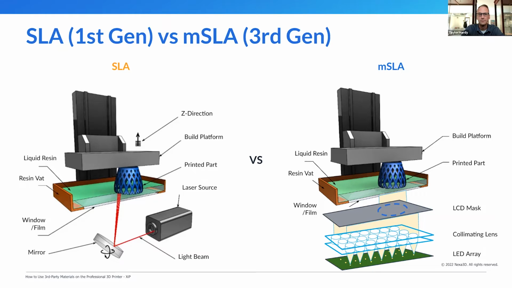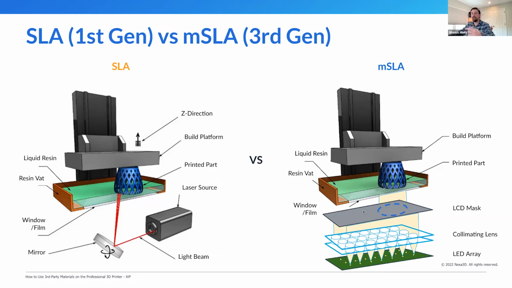On the right side, you've got MSLA, and that's what XiP uses. Instead of using a laser to draw out the entire layer, think of a 4K TV, that's basically what you've got here. It's an LED-backed LCD masked screen. The LED lights are UV lights. They're projecting up through these collimating lenses here, so you get very crisp light that's projected up.